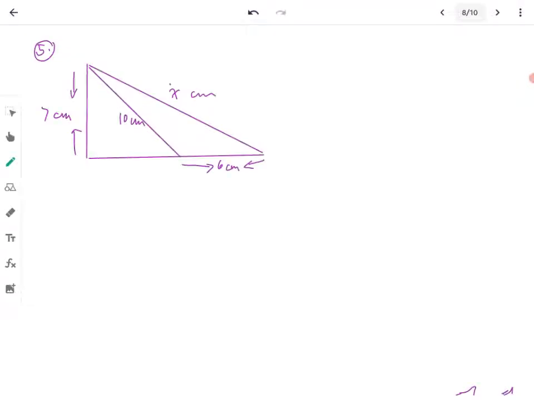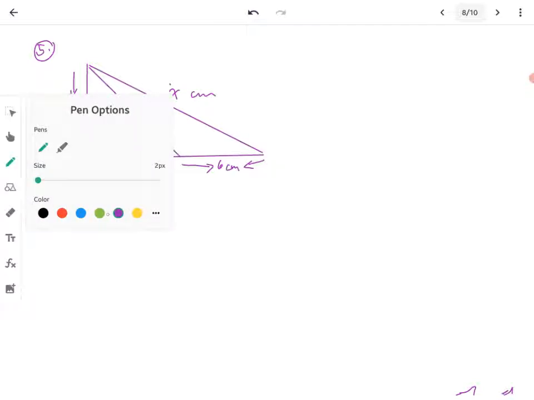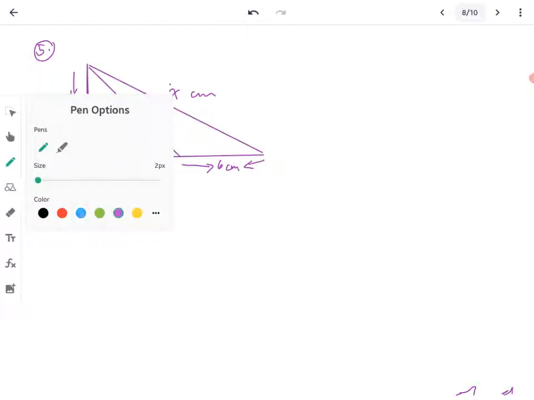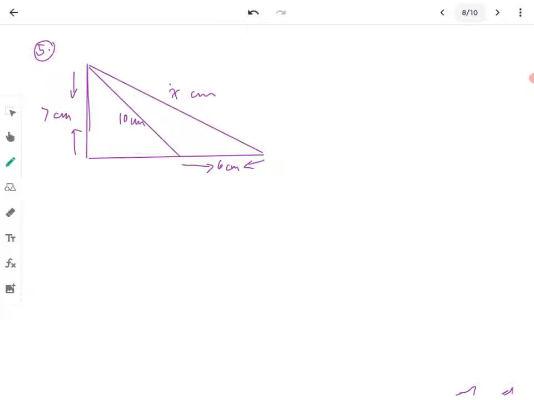So here we will venture into some complicated problems, a little bit complicated. What we're going to solve here is x cm. As you can see, in order for us to solve for the x cm, we need this measure, which we have, that is 7 cm, and we need this measure here.